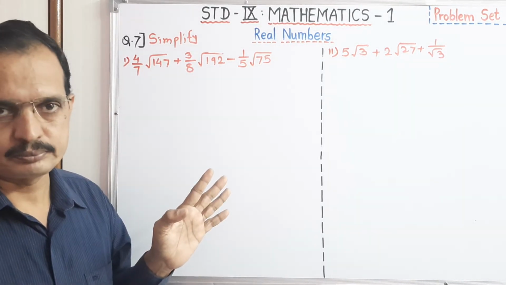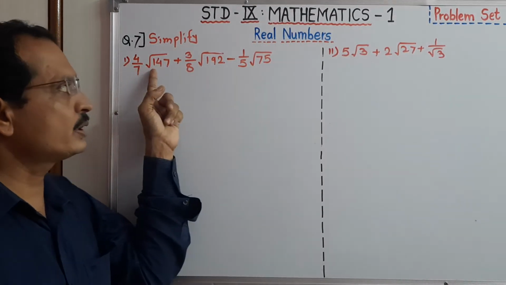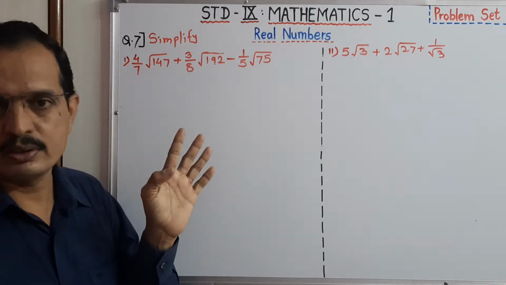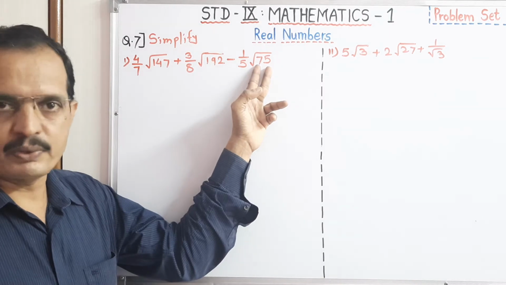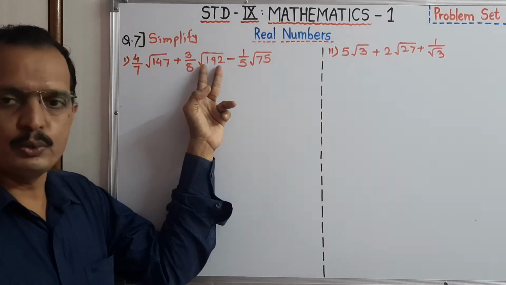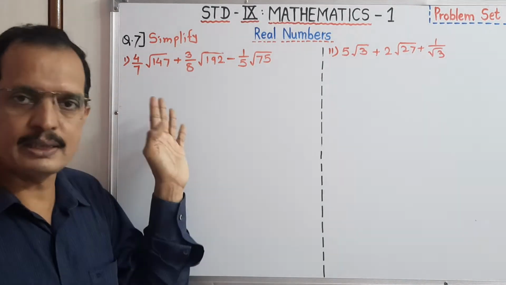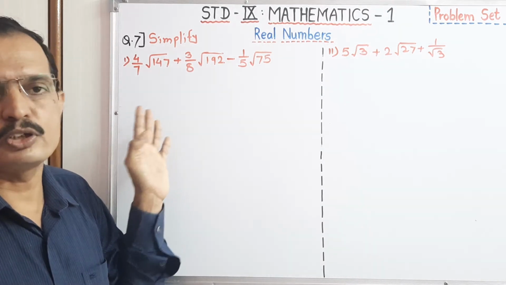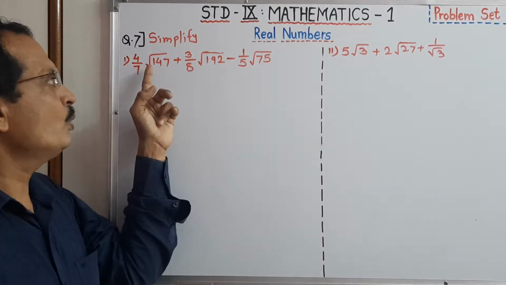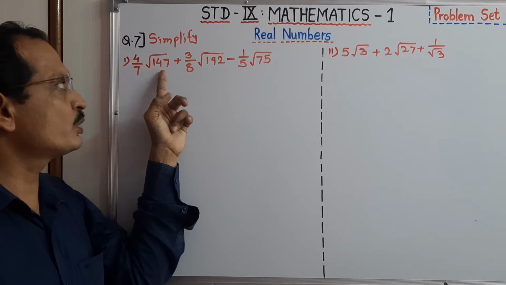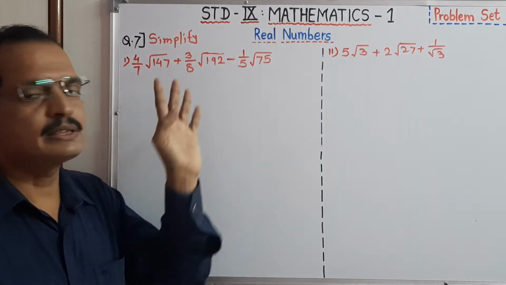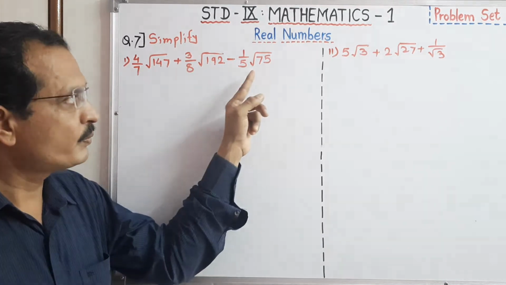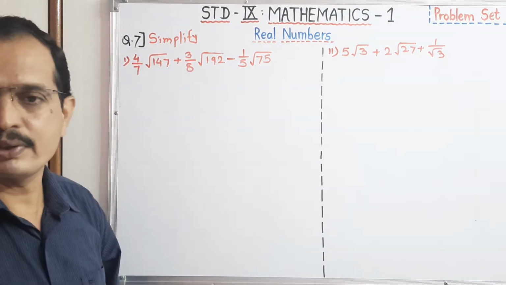That means one factor should be a perfect square. For 75, one factor should be a perfect square. For 192 and for 147 it is the same. Out of the factors of 147, 192 and 75, the easiest one is 75. Therefore find the factors of 75 first.